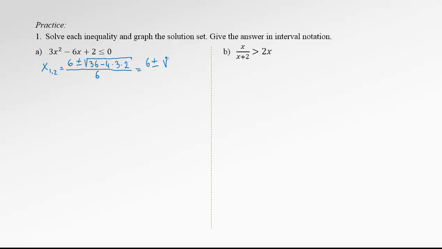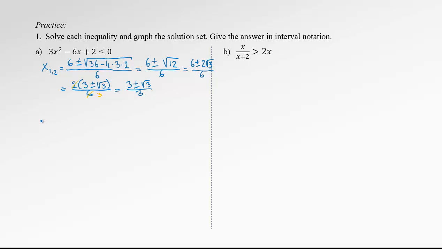That gives us 12, root of 12, everything over 6. Root of 12 can be simplified to 2 root 3, so we have 6 plus minus 2 root 3 over 6. And then after factoring 2 out, we have 3 plus minus root 3 over 6, which can be cancelled to 3 plus minus root 3 over 3. So the roots are ugly, but that's okay. Let's take those exact values as they are.